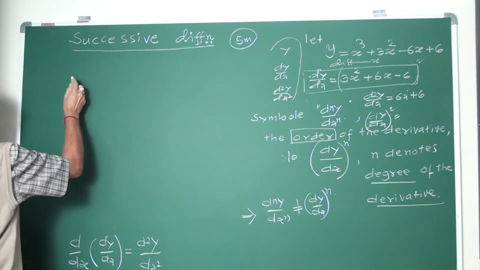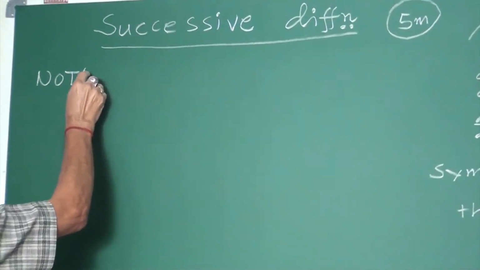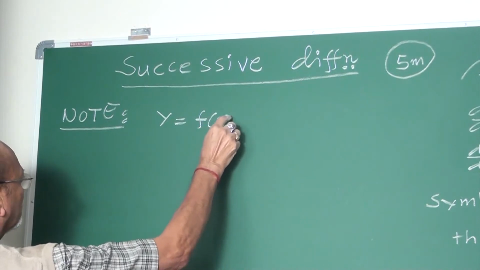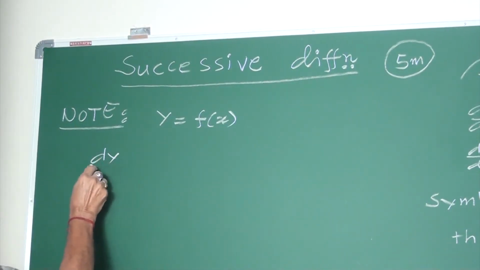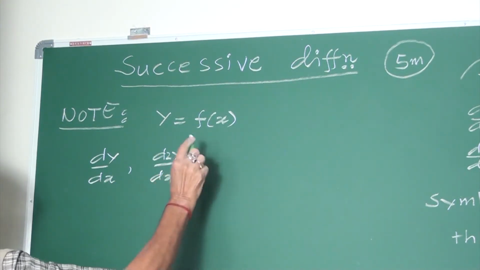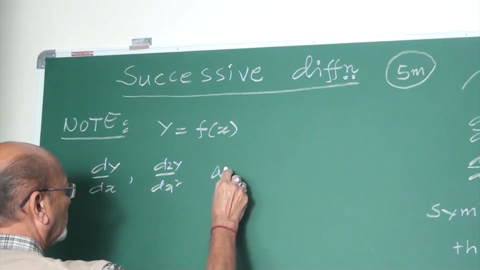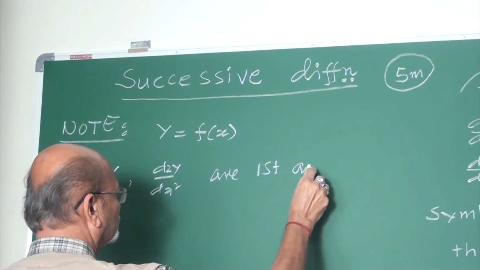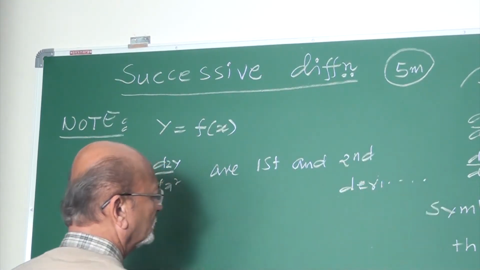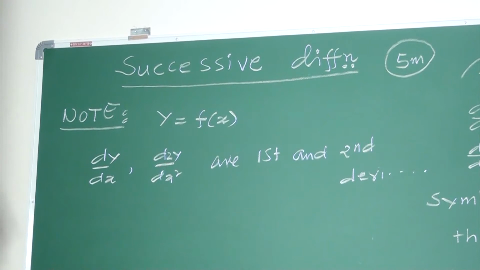If y equals f(x) is a function of x, then dy by dx and d2y by dx2 are the first and second derivatives of y with respect to x.